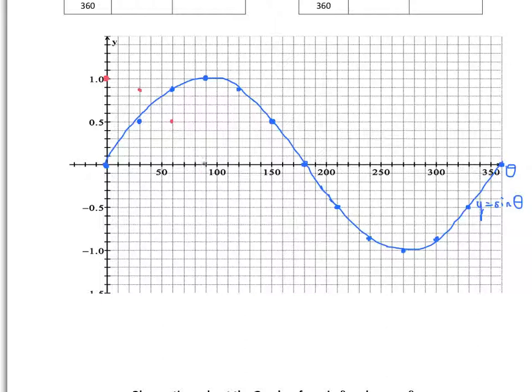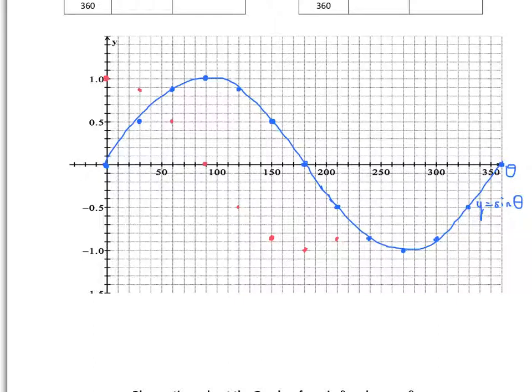Cos 90 is 0. Cos 120 is negative 1/2. Cos 150, negative 0.87. Cos 180 is negative 1. Cos 210, negative 0.87.